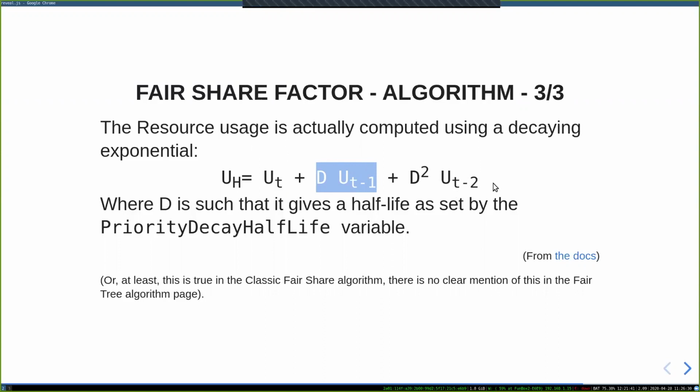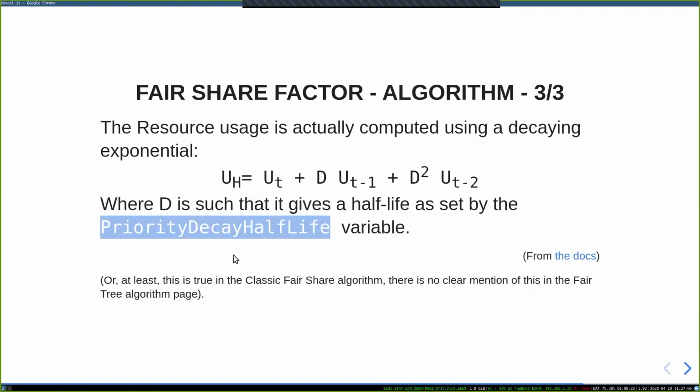There should be an ellipsis here, there should be many more terms. Basically, there's a decay factor that makes sure that we don't take into account usage that happened too far in the past. The value of D is chosen so that it gives a half-life as set by this parameter, which we will be looking at soon.